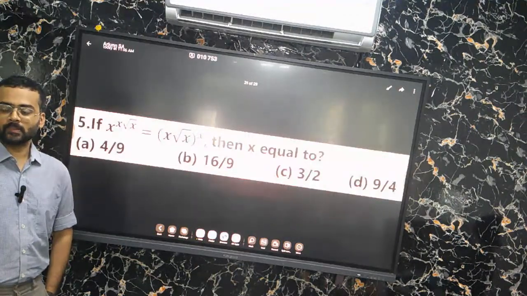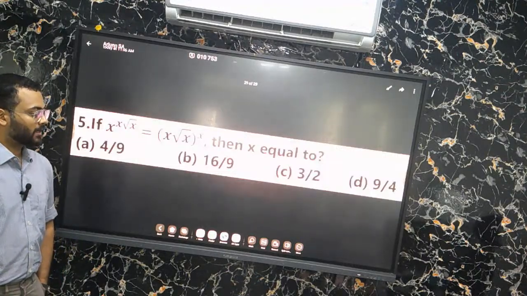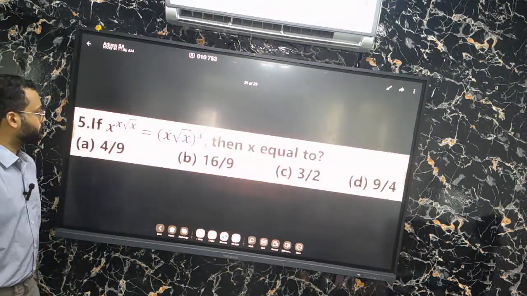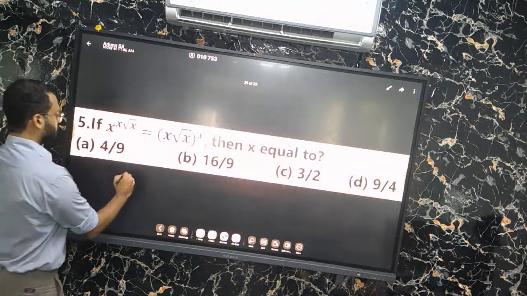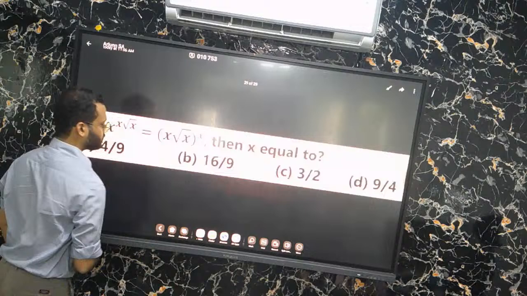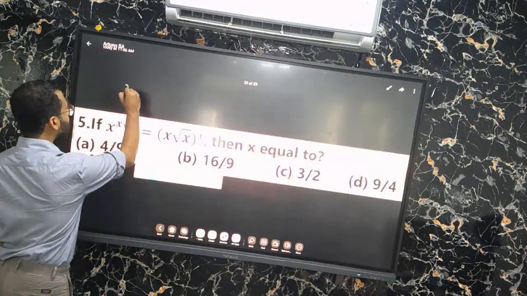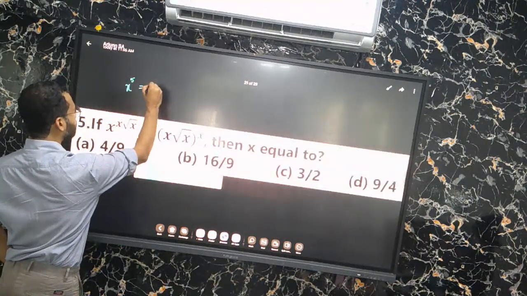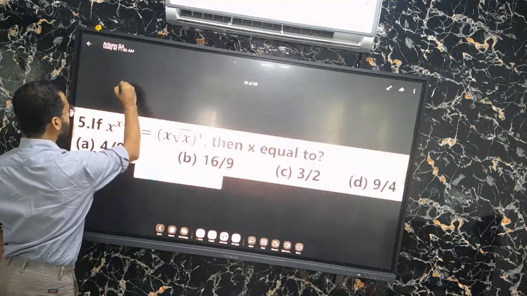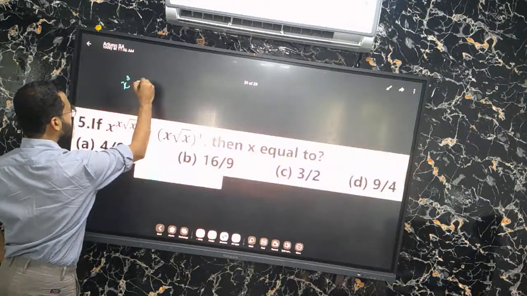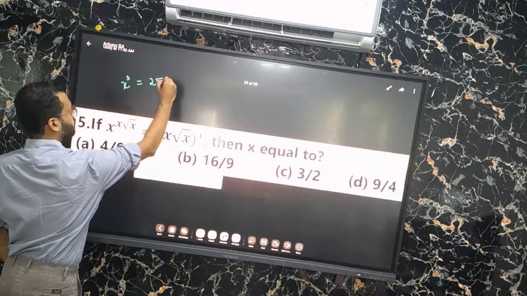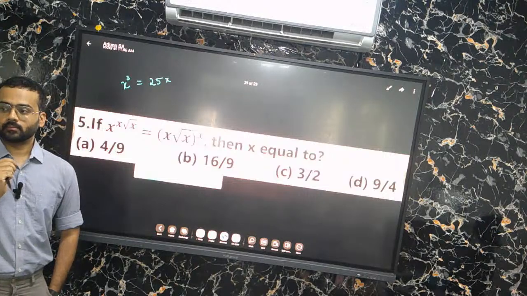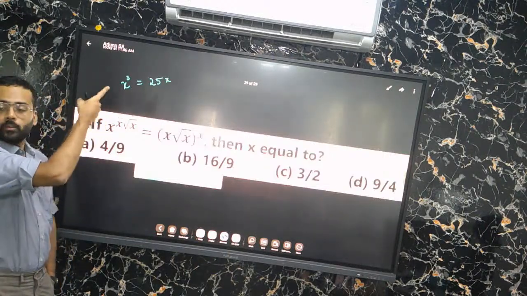Okay? The hint is, take all the x terms together, number on the other side. For example, if I have x cube equal to 25x, what will you do? One x cancels on this side, and the cube becomes square, right?